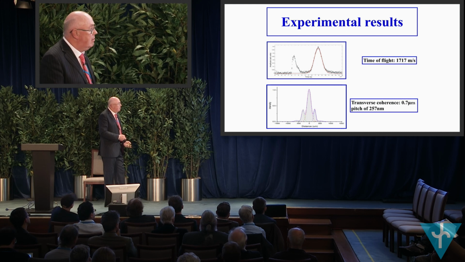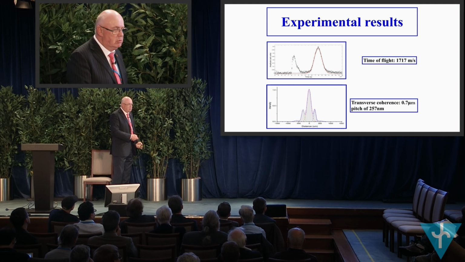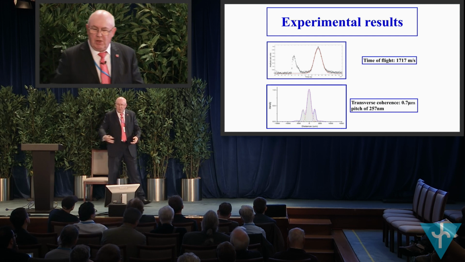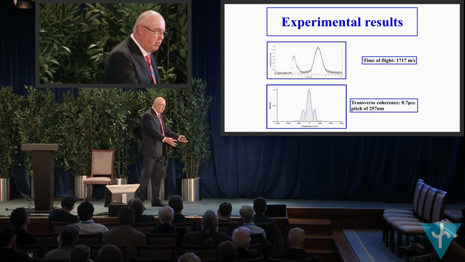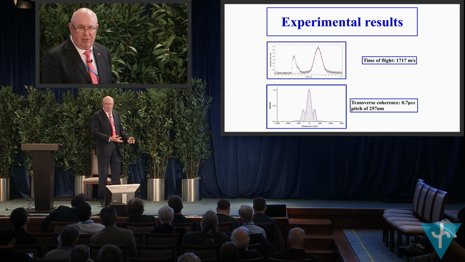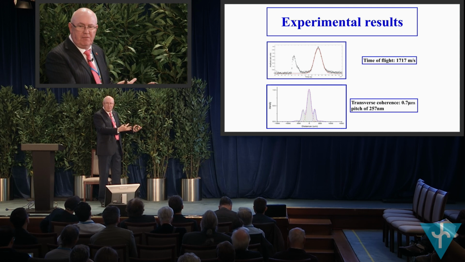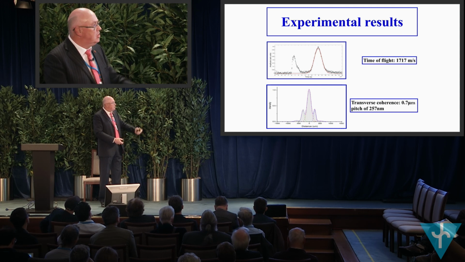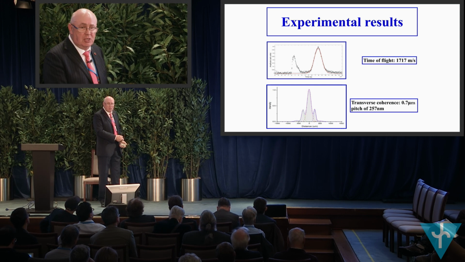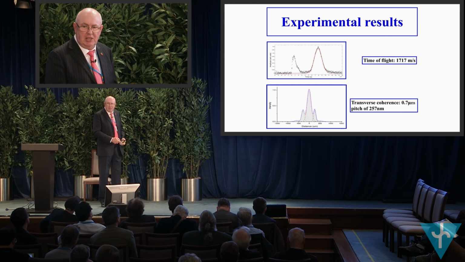Now, I want to point out that the collimation system was not optimal for this exercise, because unlike on an optical bench, where you can just move things around, when you want to move something in a vacuum chamber, you have to re-engineer everything. So we just went with what we had because it was sufficient to show us. We need a transverse coherence of the order of a micron. So we felt that we've proven to ourselves that with suitable engineering, we can actually produce that.